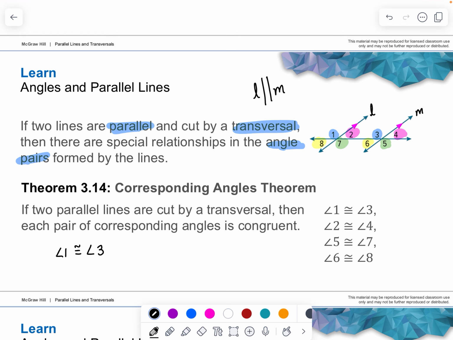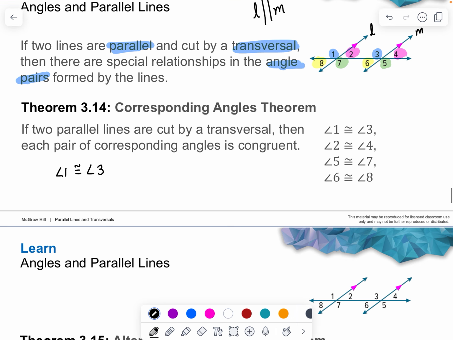And your reason would be, if lines are parallel, then corresponding angles are congruent. So in that box, that's your reason that you could use in ALEKS.